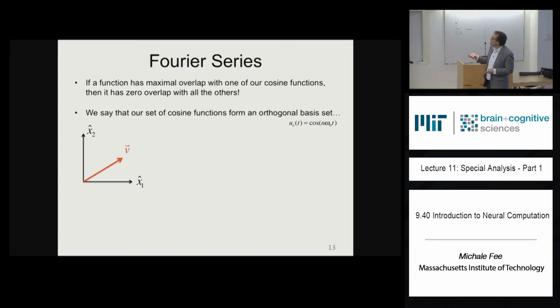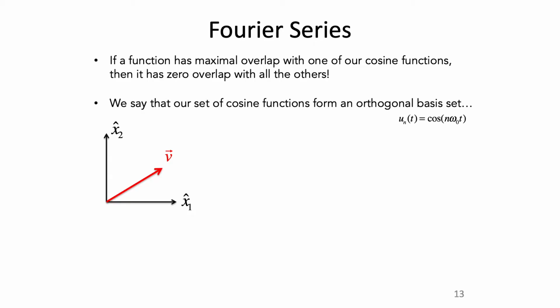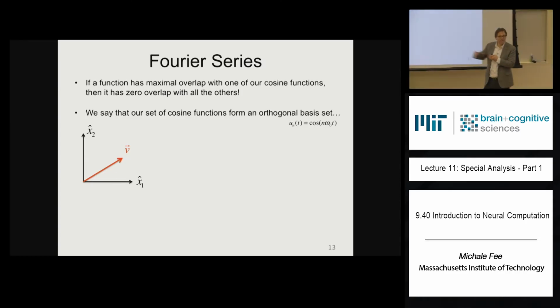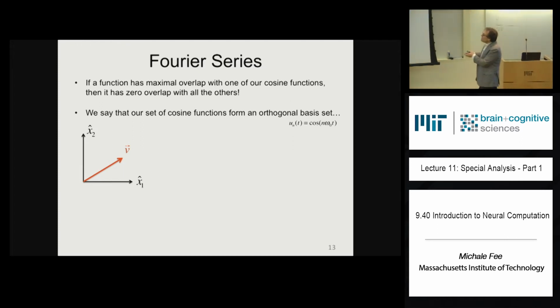Okay? So the basic idea is that what we're doing is we're taking our signal, which is a vector. Okay? It's a set of points in time. We can think of that as a vector in a high-dimensional space, and we're simply expressing it in a new basis set, okay, of cosines of different frequencies.